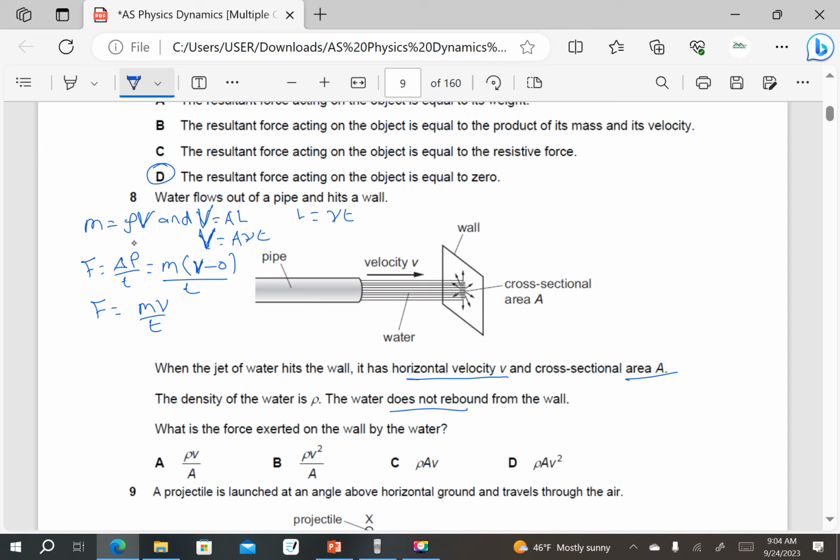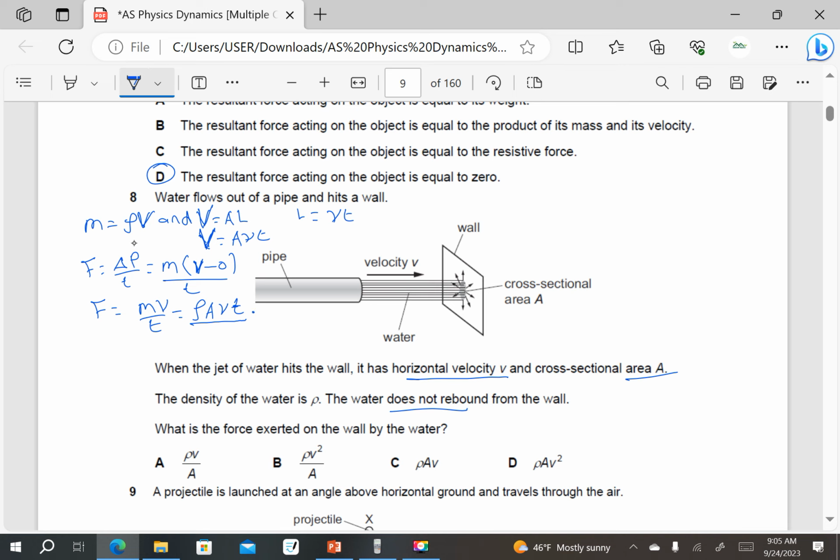But remember, the mass is density times volume. So this is going to be density, which is rho, times volume, which is cross-section area times speed v, then times t. No, this is not volume, it is velocity. Okay, so this is mass.